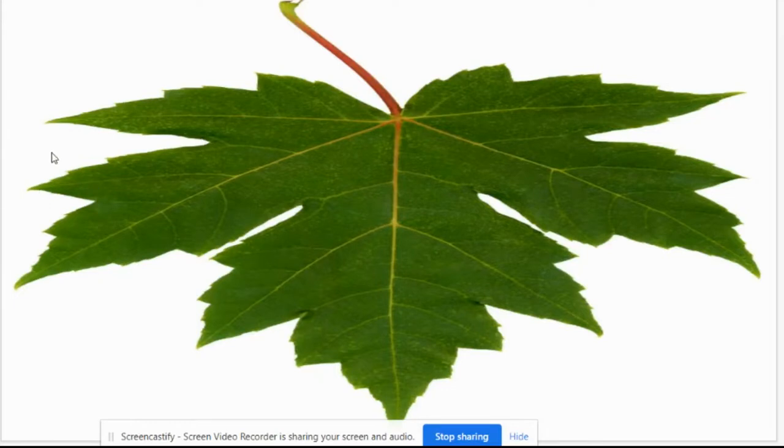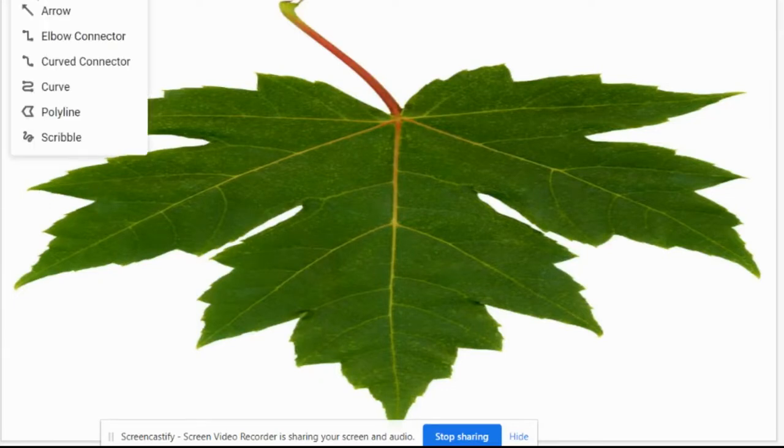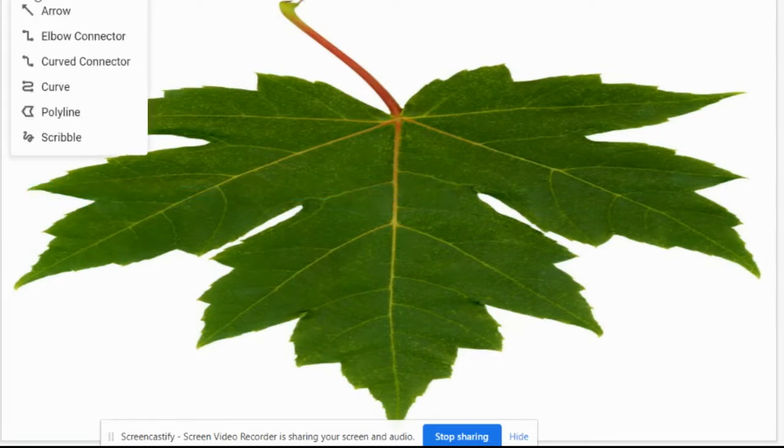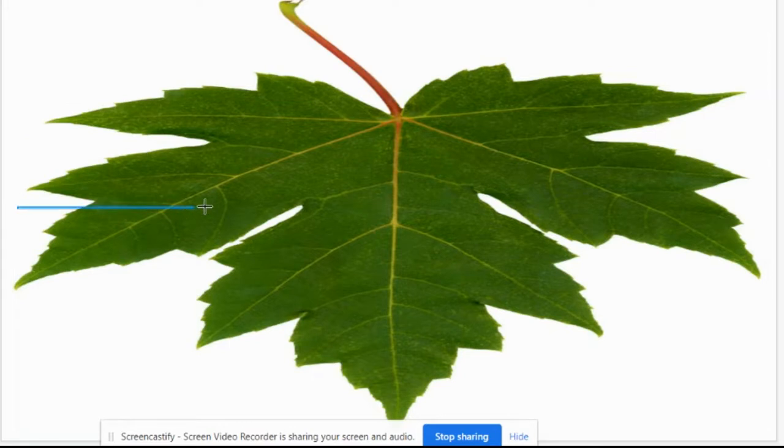Here's a leaf. If we were to draw a line of symmetry horizontally through the middle, oops, that's not my line. We were to draw a line horizontally through the middle of the leaf.